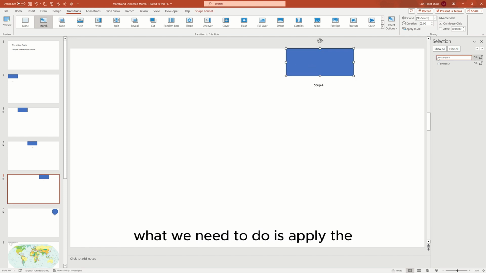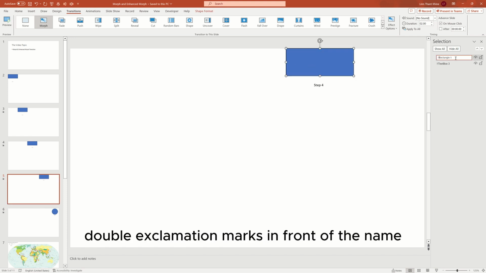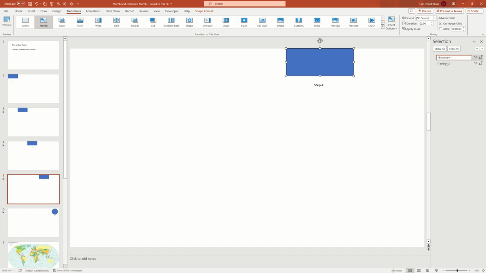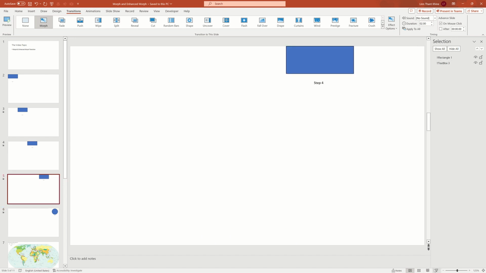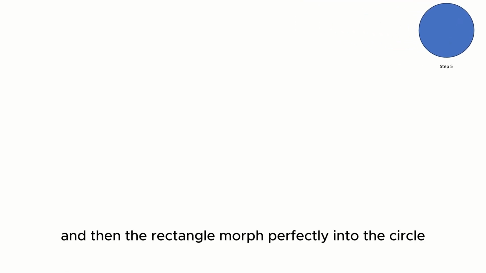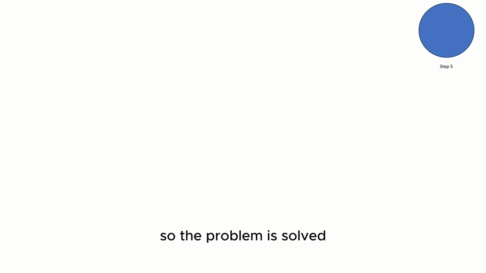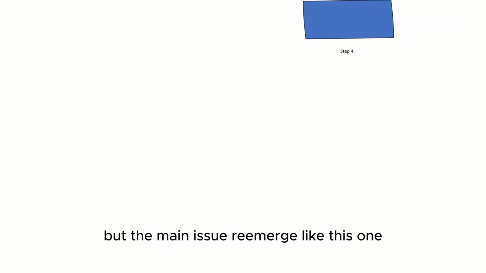To do this, we apply the double exclamation mark in front of the name, and then apply the same name. In the slideshow again, the rectangle morphs perfectly into the circle. So the problem is solved, but the earlier issue re-emerges.